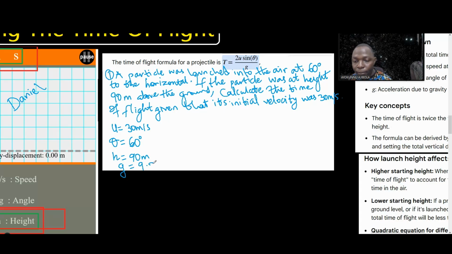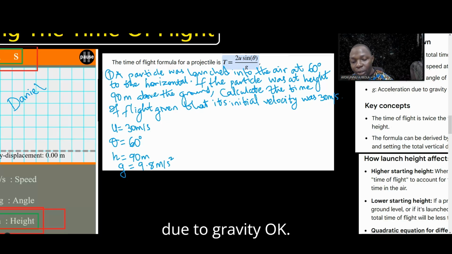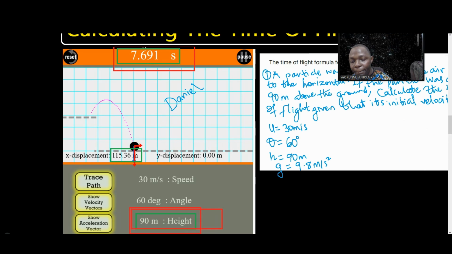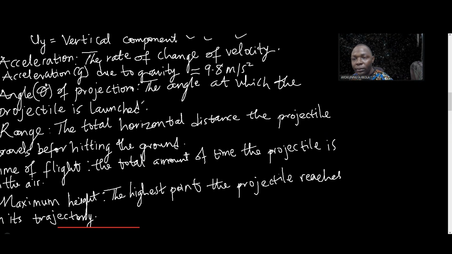Where is 9.8? It's 9.8. This is acceleration due to gravity, okay? Yes, sir. G is always what? 9.8 meters per second squared. Is it in your notes?